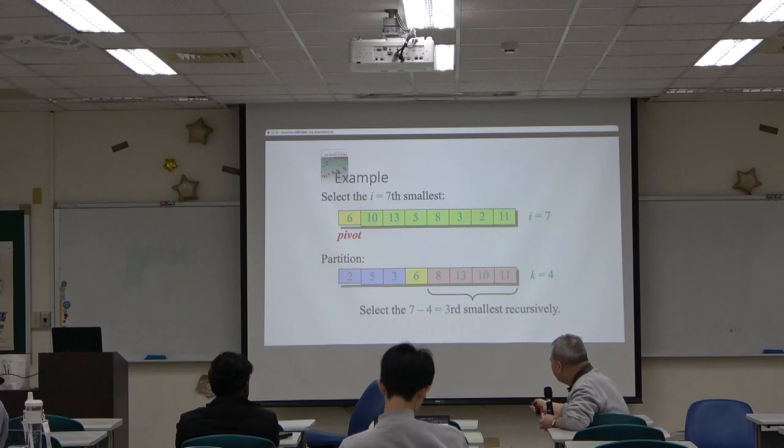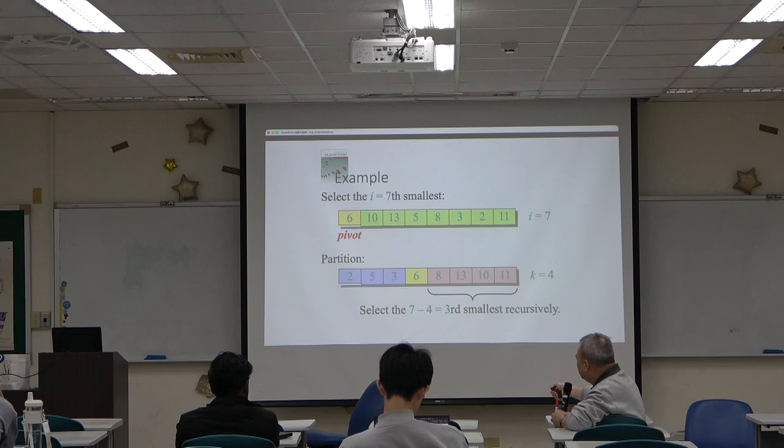An example is like this. Say we want to find the seventh smallest element, and we just use the first element as pivot. I'm not going to iterate how we do the iteration again. At the end of the first iteration, 6 appears here, which is index 4.